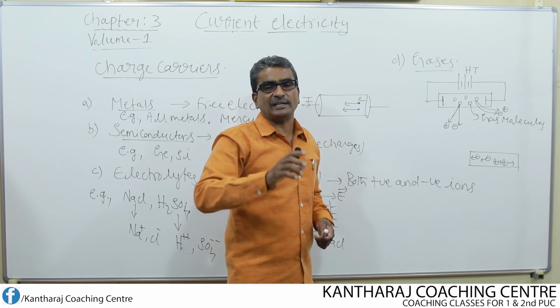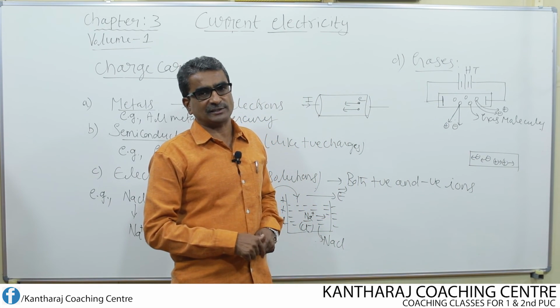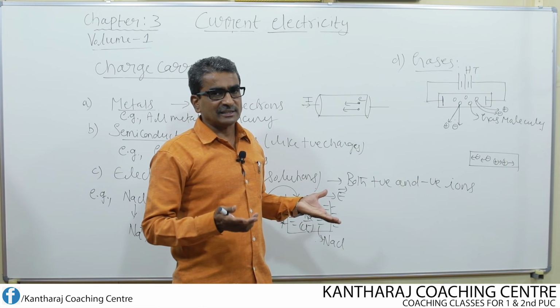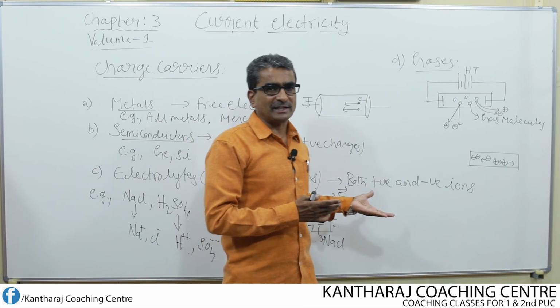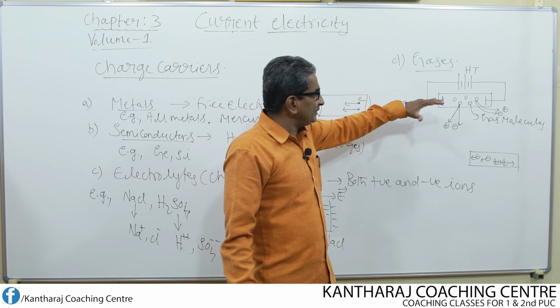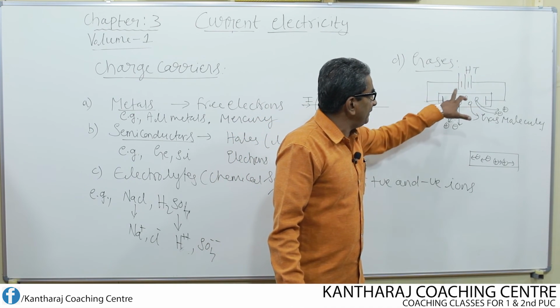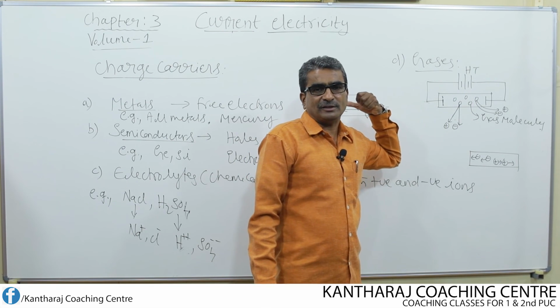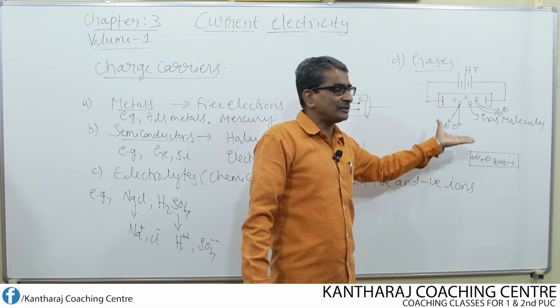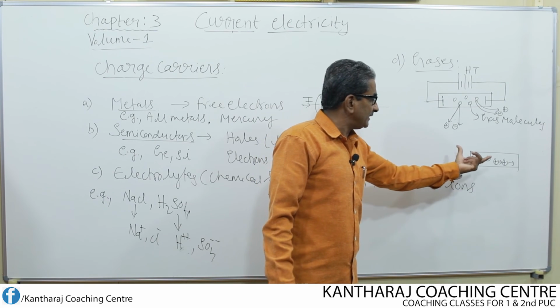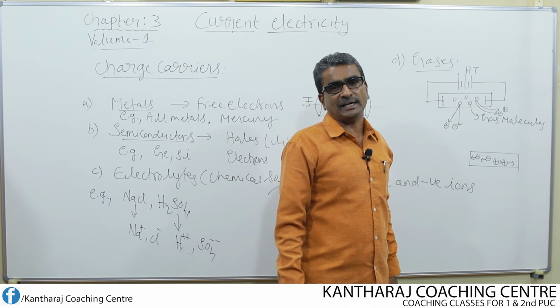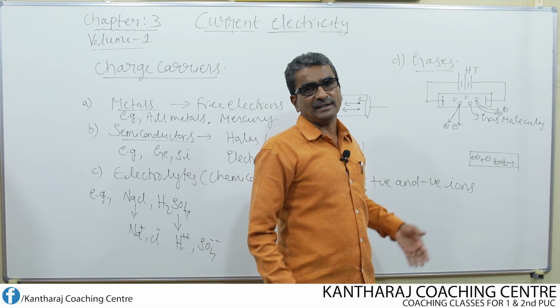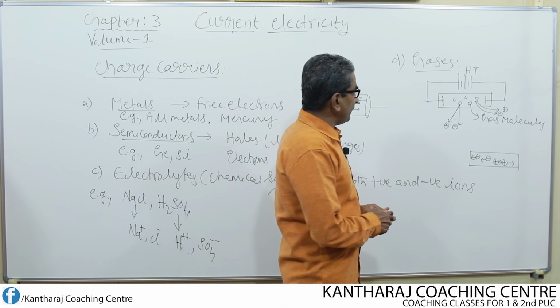So this is how conduction becomes possible in gases. Since gases are insulators, how do we make them conducting? By reducing the pressure and applying high potential difference, high voltage, to the gas. The molecule dissociates into positive and negative ions, and these ions move in opposite directions and participate in electric conduction. How do they move?